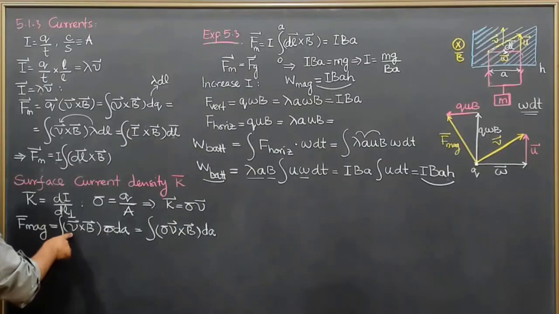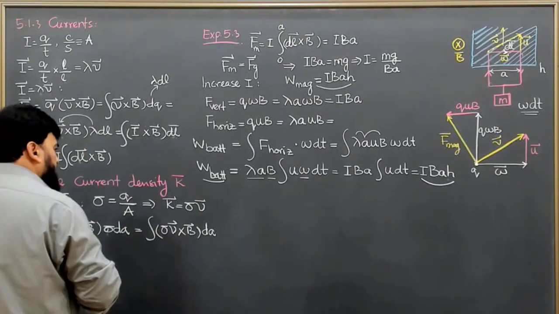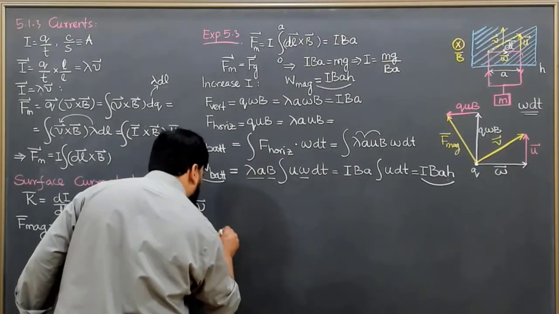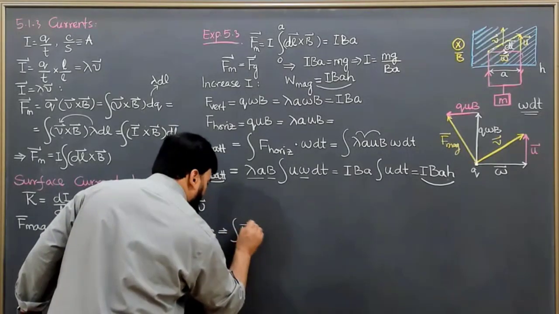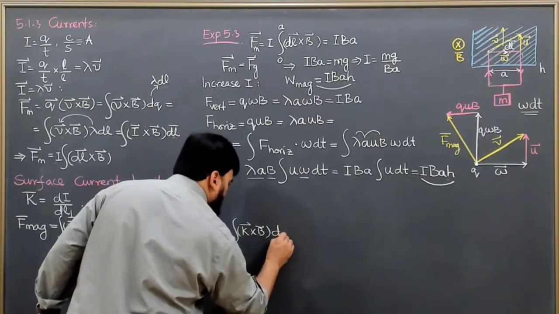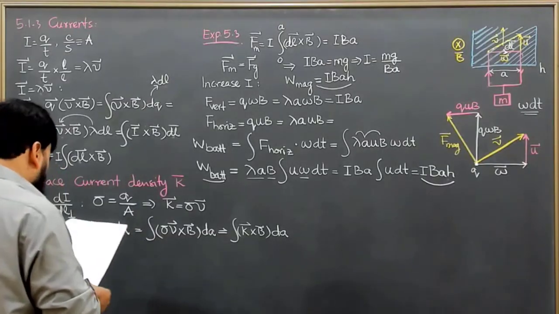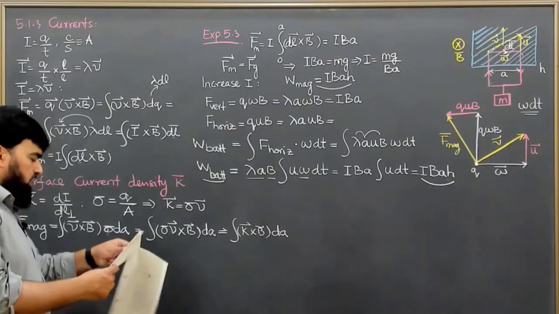So sigma v I can write as K. So the magnetic force can also be written as K cross B, and then dA here. So this is one of the ways to represent the current in this form, the surface current in this form.